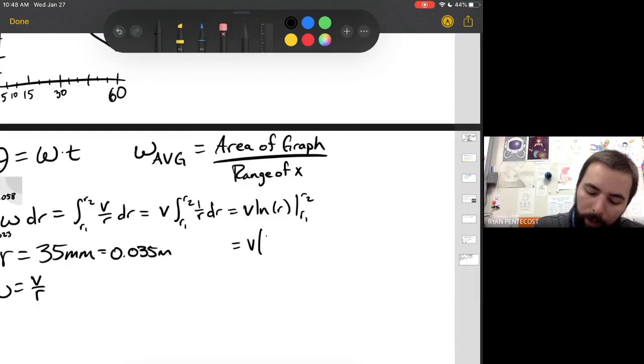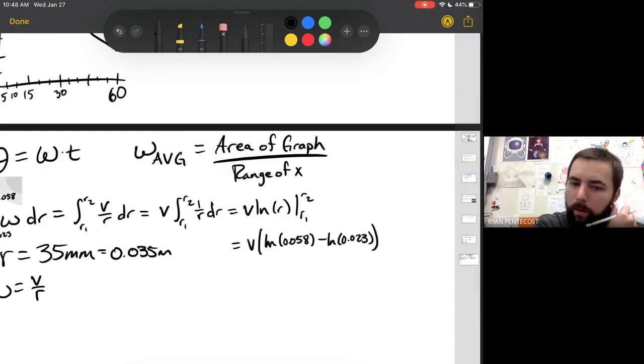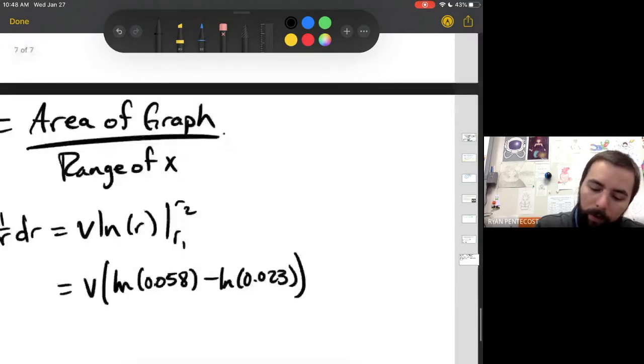You've got V times the natural log of R2, which was 0.058, minus the natural log of 0.023. Okay? And that's what we're going to stop with, okay? Because that's the area of the graph. Let's stop there, and we will move that up here. The area of the graph is V times the natural log of 0.058 minus the natural log of 0.023.